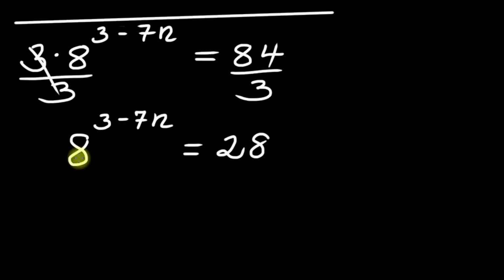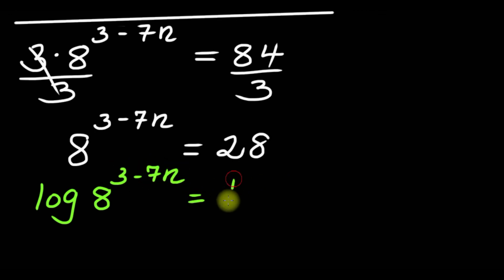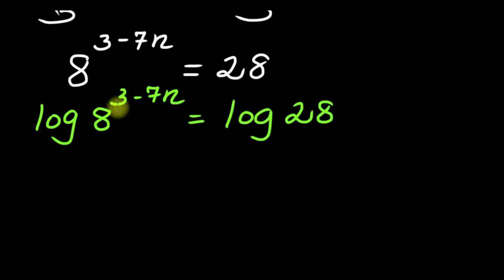Okay, so now that I cannot rewrite the 8 and the 28 using the same base, I would have to take the log of both sides. So I go log base 10 of 8 to the 3 take away 7n is log base 10 of 28. And then expand this using the power property.